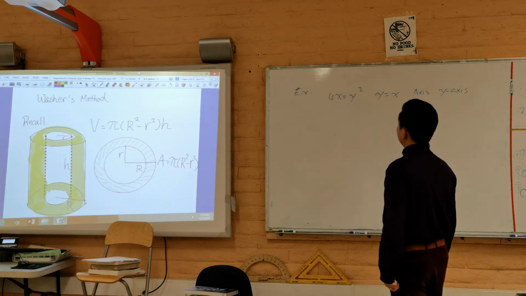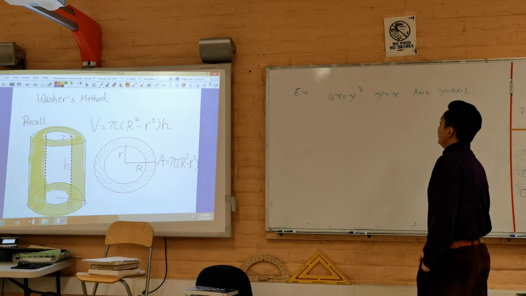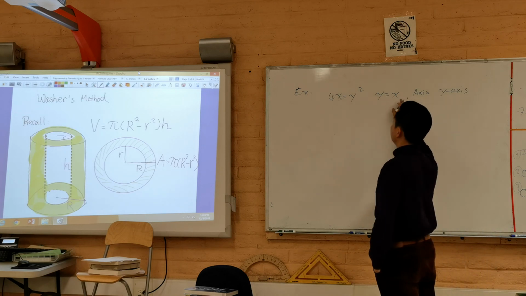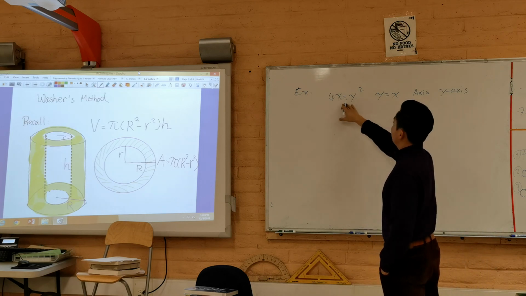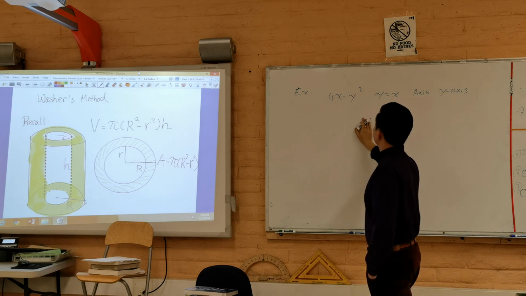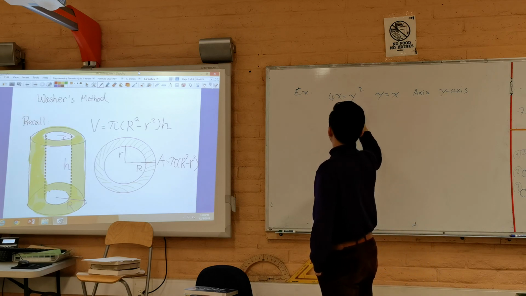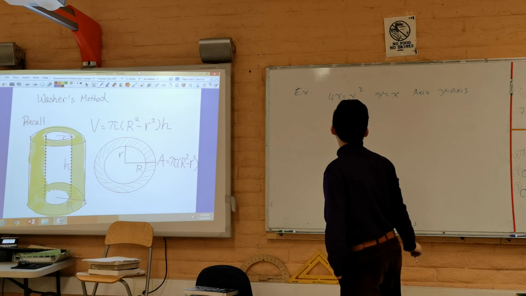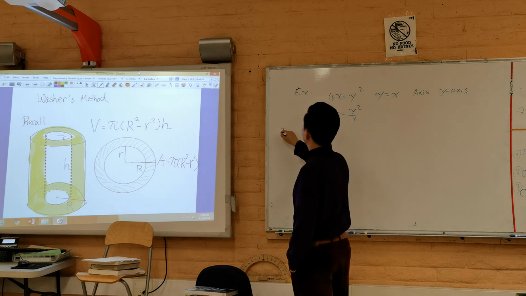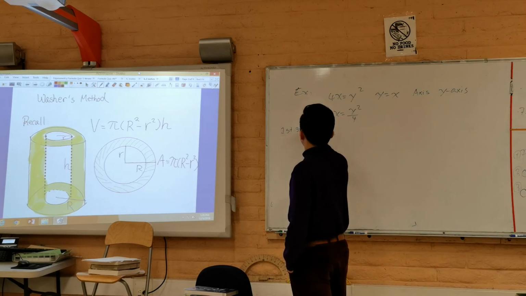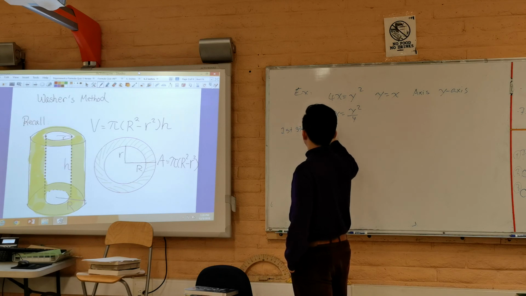The way to find the boundary is by setting the equations equal to each other. We have y squared equals 4x and y equals x, so x for this one is y squared over 4. The first step is to find the point where they intersect.